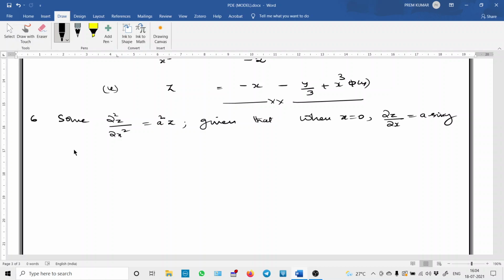Some conditions are given on the solution. So ∂z/∂x equals this when x equals 0, and ∂z/∂y is also equal to 0 when x equals 0. This is a condition on the solution of the PDE.